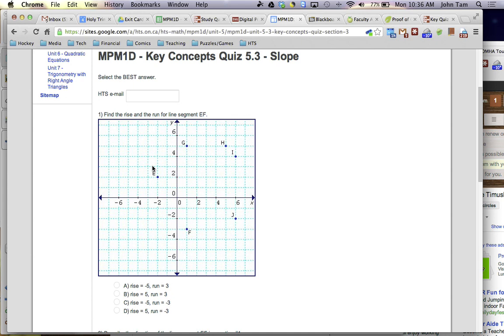One end is F. Basically, we want to figure out the coordinates of the other points.